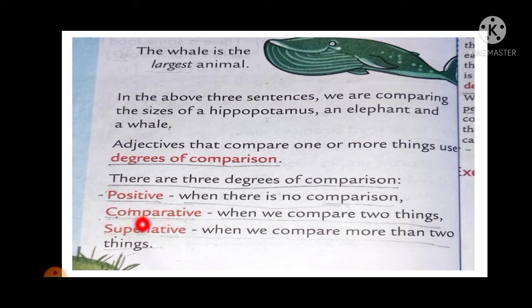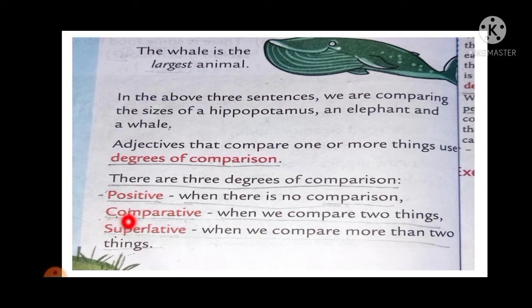And the last one is superlative degree, when we compare more than two things, at that time we use superlative degree. So what changes do we make while we turn positive into comparative and comparative into superlative?